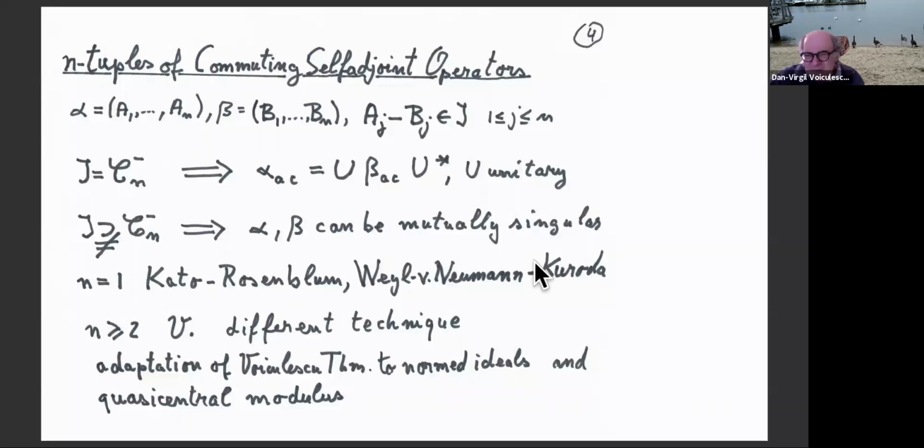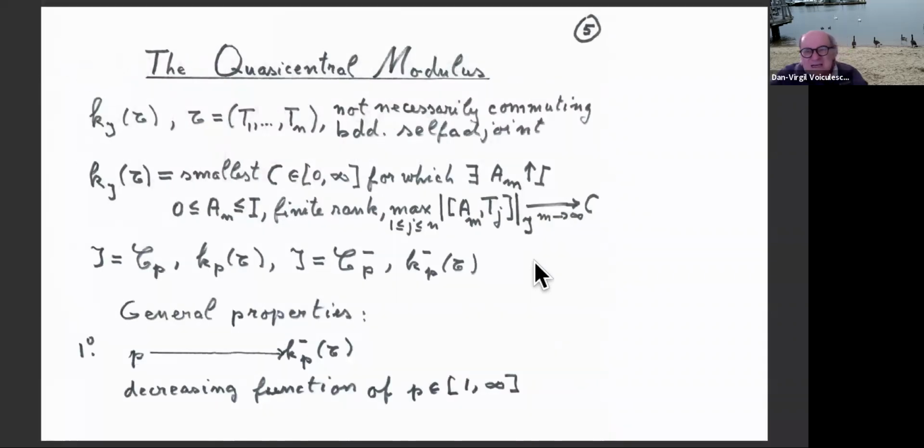I will mostly make these N operators self-adjoint, but it's not key that they be commuting. However, in the talk I'm giving today, I will talk mostly about the results which have to do with commuting self-adjoint operators. So here is what kind of object the quasi-central modulus is.